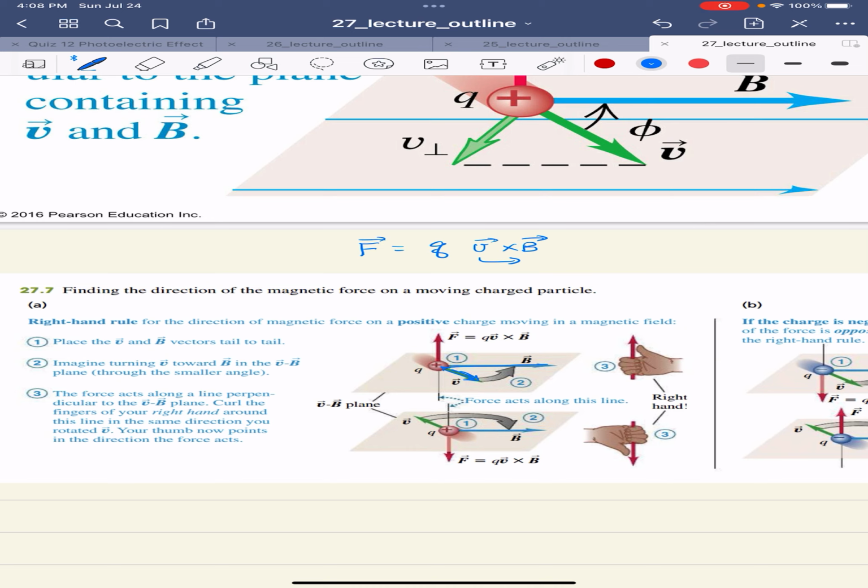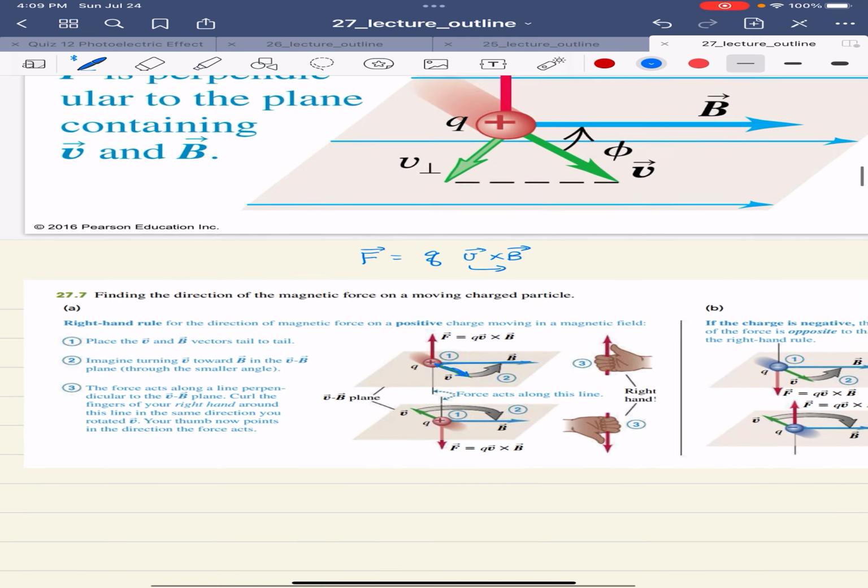Now imagine turning V toward B in the VB plane through the smaller angle, and then the force acts along a line perpendicular to the VB plane. Curl the fingers of your right hand around the line, and then your thumb points in the direction of the force.